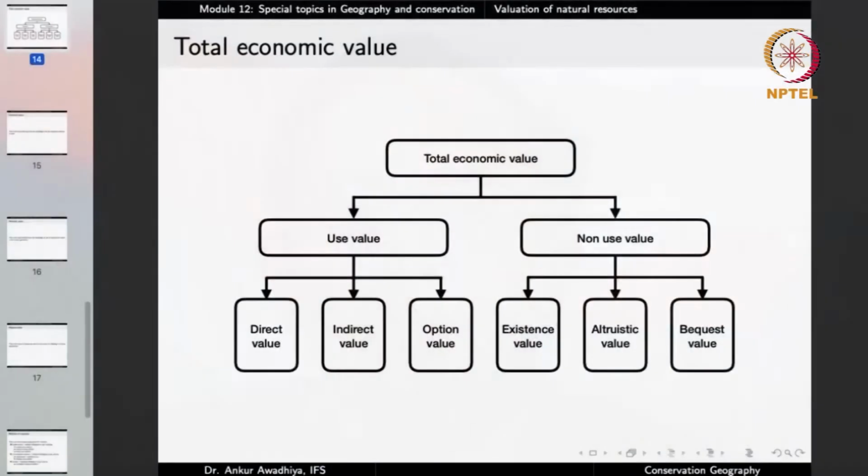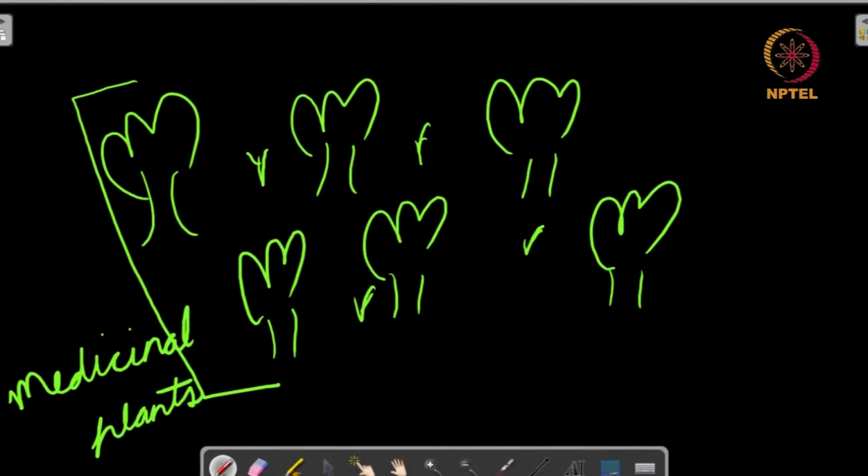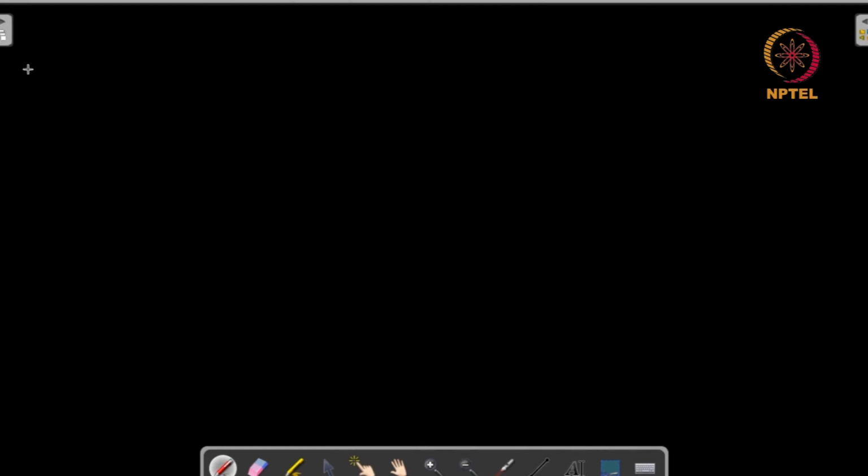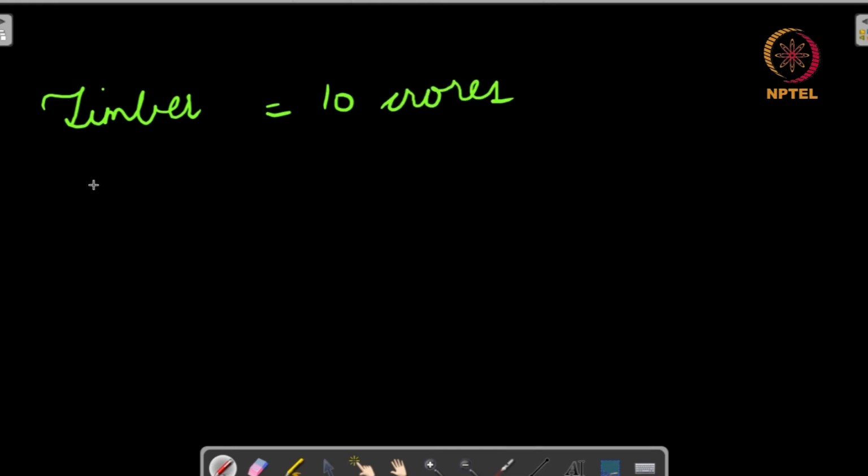So if your forest provides you with, say, timber which is worth 10 crores of rupees, it is providing you with honey which is, say, 1 crore of rupees.